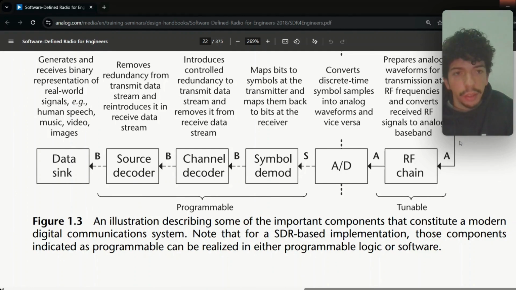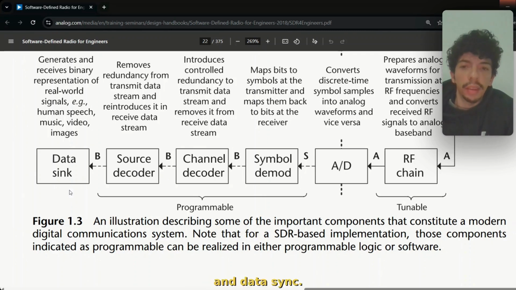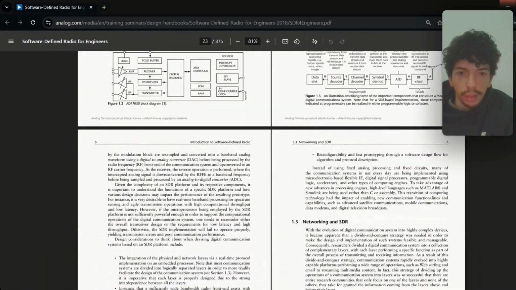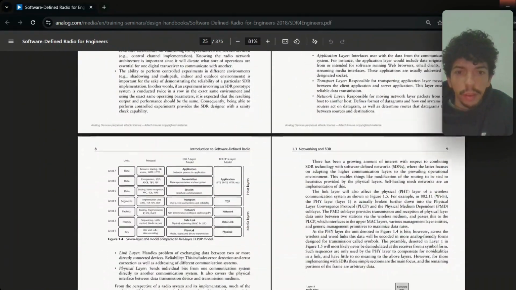We have an antenna, RF chain, radio frequency chain, analog digital converter, symbol demodulation for receiver, channel decoder, source decoder, and data sink. Perfect.